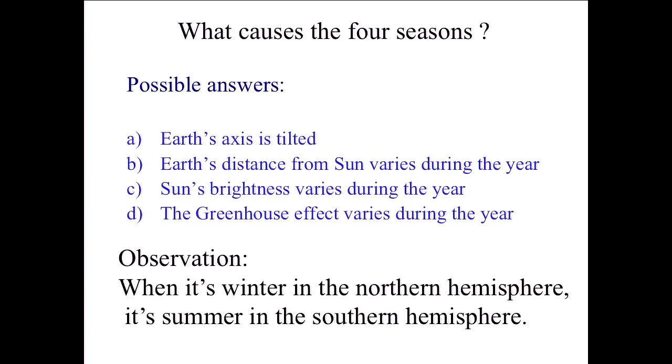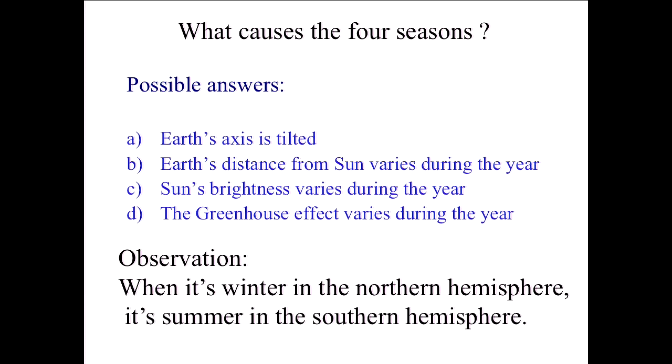Well, one thing that you can observe to help resolve this question is that when it is winter in the northern hemisphere, it's summer in the southern hemisphere, and vice versa. When it's hot in Australia, it's winter here in North America, and vice versa.